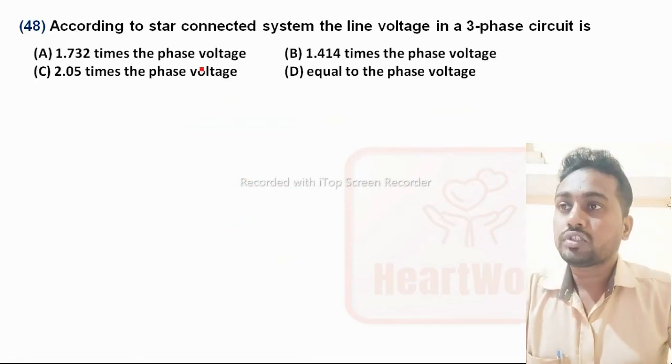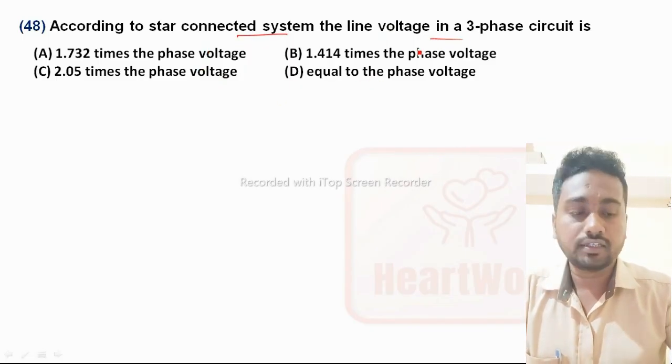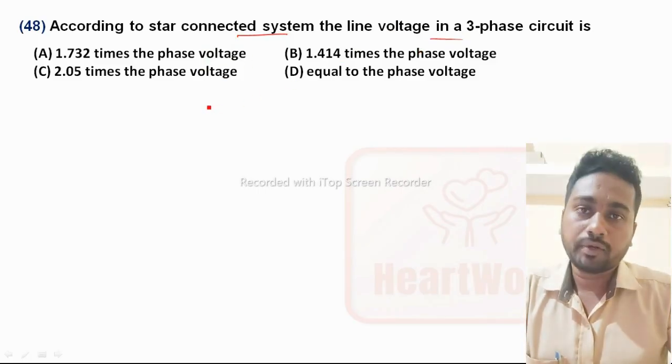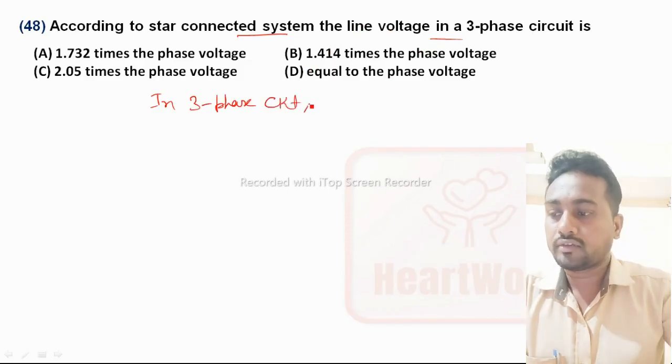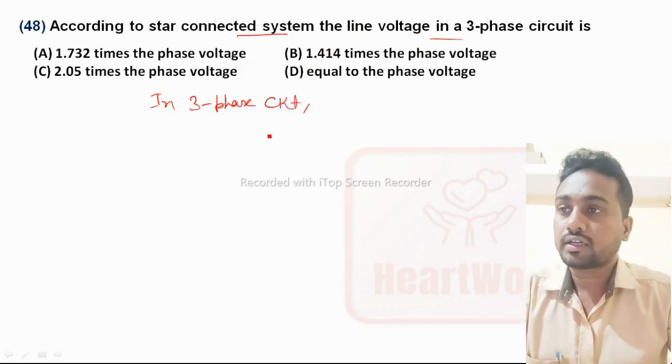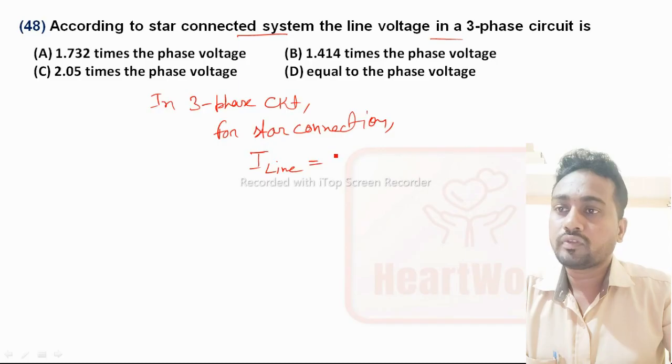Next, according to the star connected system, the line voltage in a 3-phase circuit is... In a 3-phase circuit there are 2 types of connection: star connection and delta connection. First we will talk about star connection. In star connection, line current is equal to phase current.